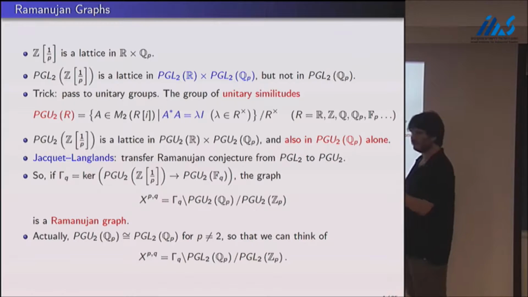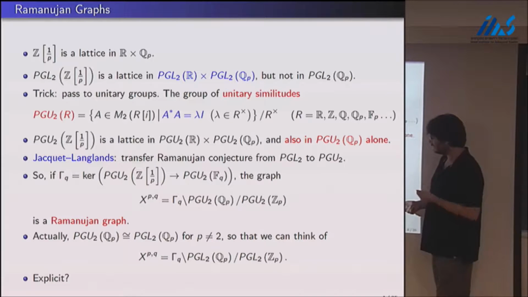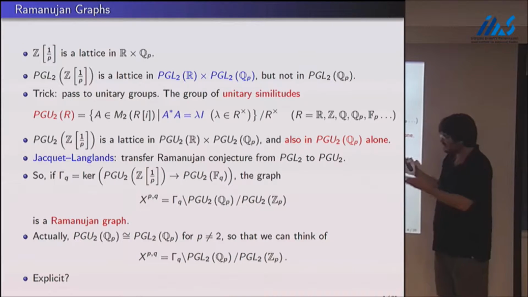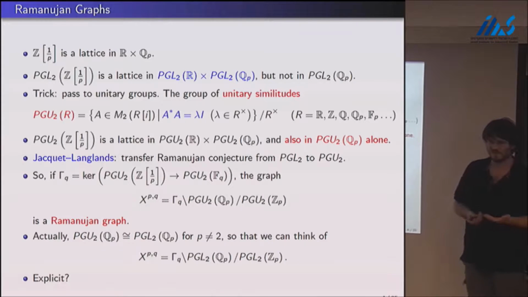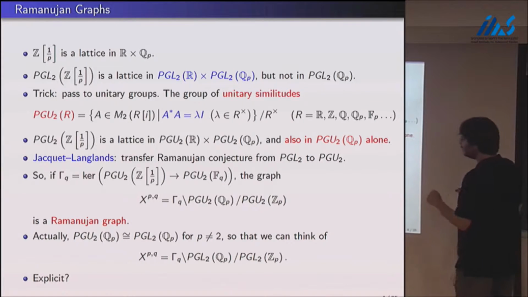Alex and Peter were in touch with actual combinatorists, and combinatorists were actually looking for explicit expanders. And the fact that some double coset space of p-adic analytic Lie groups is a Ramanujan graph did not make them happy enough. So they wanted to give an explicit construction, and they managed to do that. And this turned out to be very successful for other purposes, which I will get to later.